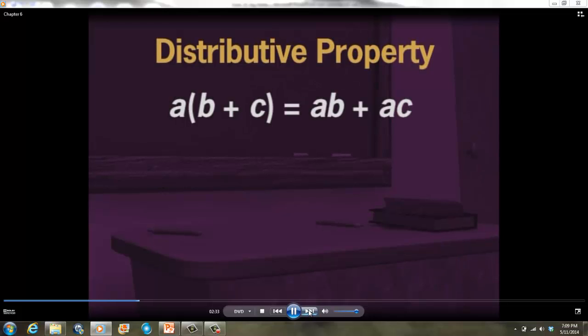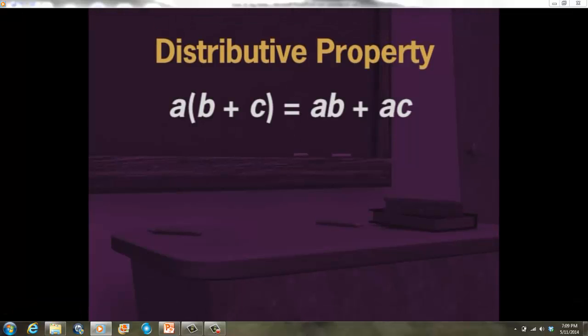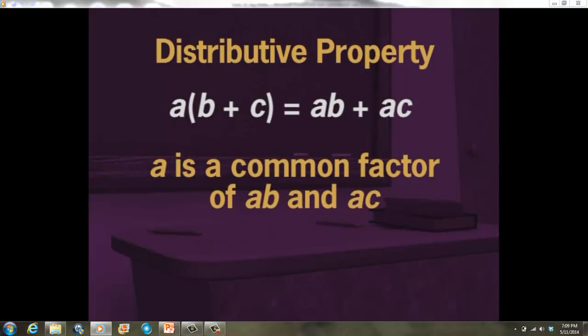Notice how on the right side of the equation, A is a factor of both monomials, AB and AC. A is a common factor of AB and AC. That makes sense. It's a factor common to both expressions.